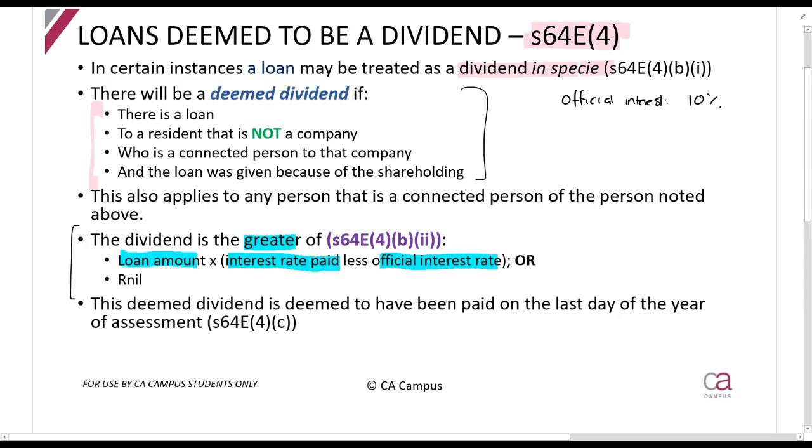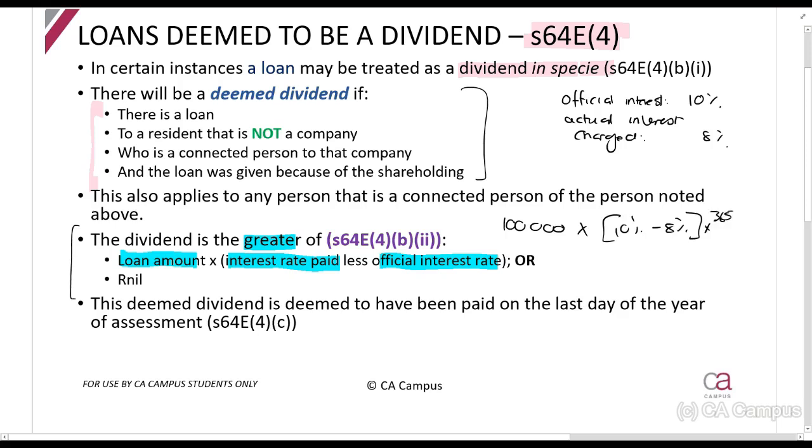If the actual interest rate charged is a different percentage, let's say 8%, then this will happen. Let's say it's a 100,000 rands loan. So you'll say times 10% minus 8%, and let's say it was for the full year just to make it simple. That gives us not 20,000, that gives us 2,000 rands.